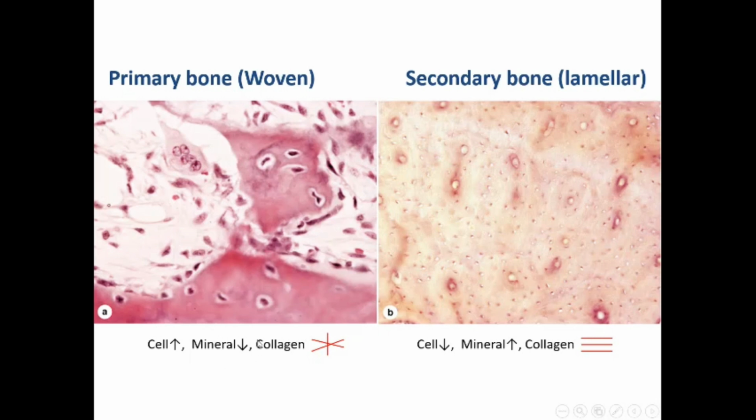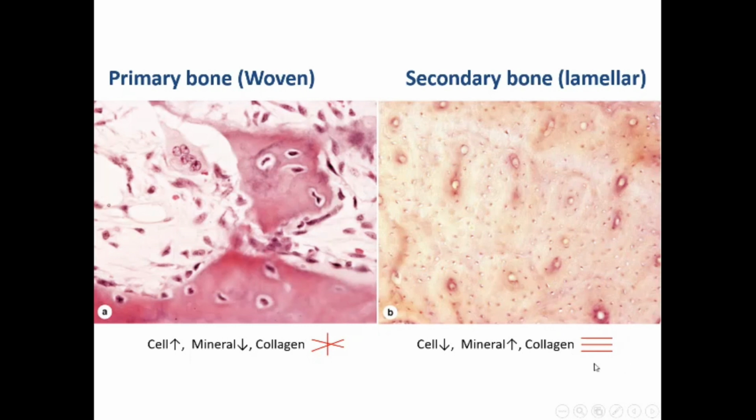We have a small amount of minerals in the primary bone compared to the secondary bone. You can see we have a high content of mineral in the secondary bone. And also you can see interwoven, irregularly arranged collagen fiber in the primary bone, and a regular arrangement of collagen fiber in a lamellar bone.